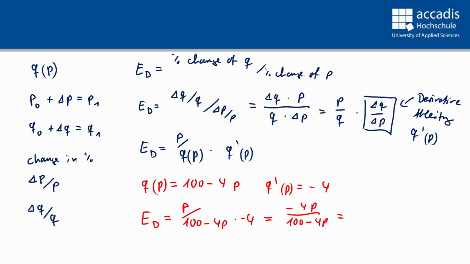We can make this look even nicer when we divide everything by minus 4, which will then give us P over P minus 25, and that is our estimate for the price elasticity of demand, which, as you can see, of course, now is a function of the price.